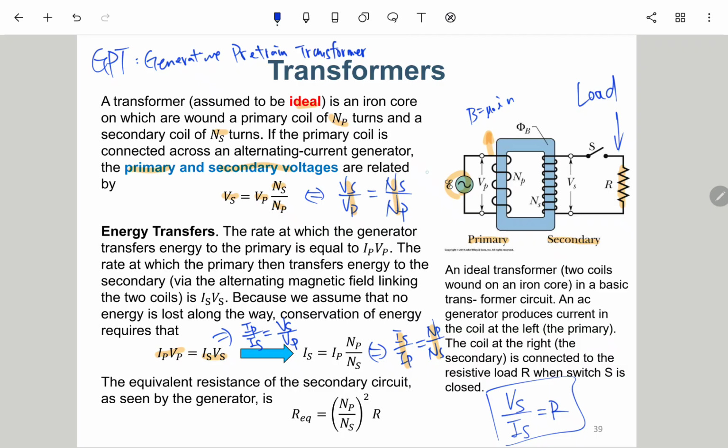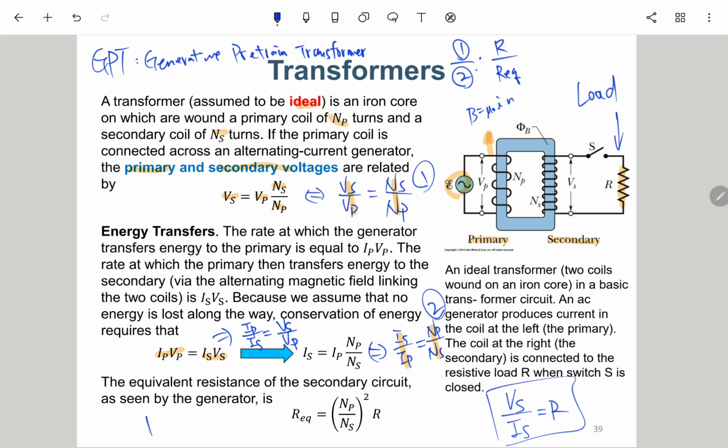So if we label these 1 and 2 here, and divide 1 by 2, then Vs over Is will be R, and in the denominator we have Vp over Ip, which is the so-called R equivalent.